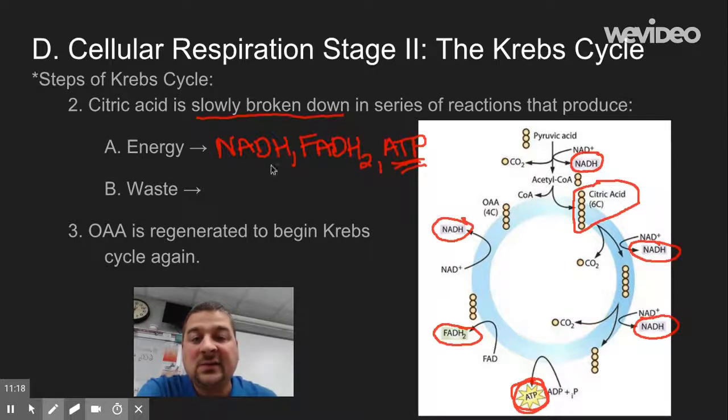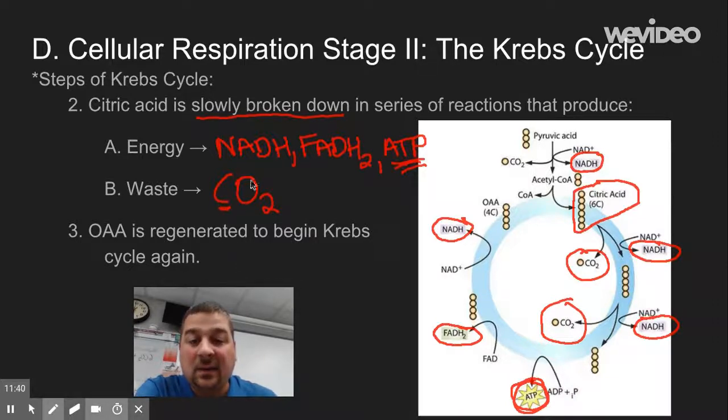All right, so we have high energy electrons and energy itself. We charged our little battery here. The waste products, the carbons in that acetyl-CoA, are going to be released as, same thing as the transition reaction, carbon dioxide. So we're getting energy and we're getting carbon dioxide.